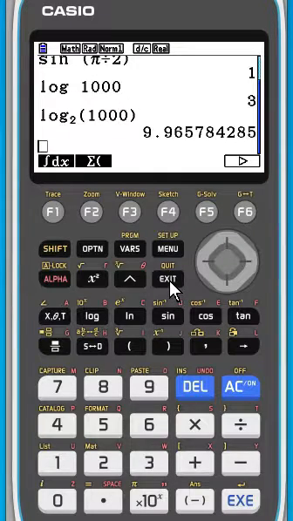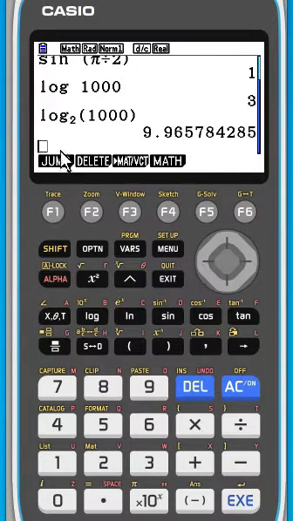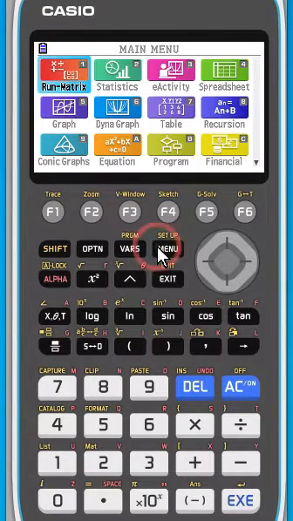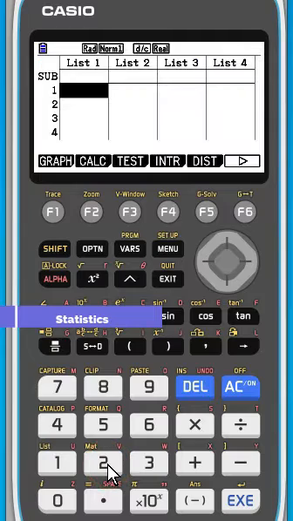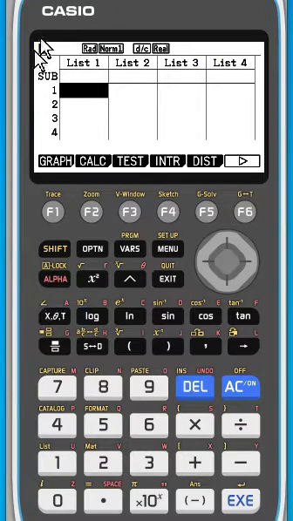So press exit to come back to your home command bar, and let's push menu to come back to your menu screen. Now let's see something in statistics. So push number 2 and get into statistics. When you come to statistics, you see there are options of inputting your list 1, list 2, list 3, list 4.